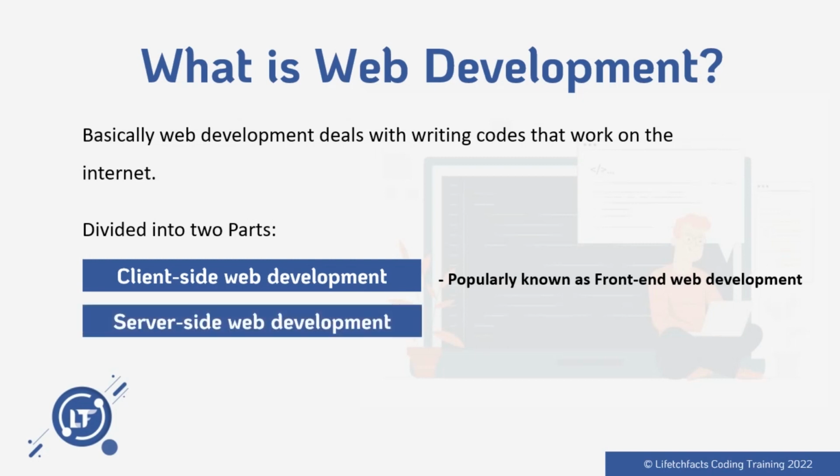Now, server-side web development. This is more popularly known as back-end web development. This is the part of web development that deals with what is happening on the server. Things like the server's programming, how the server is going to respond to requests, how the server is going to store all information on the database.